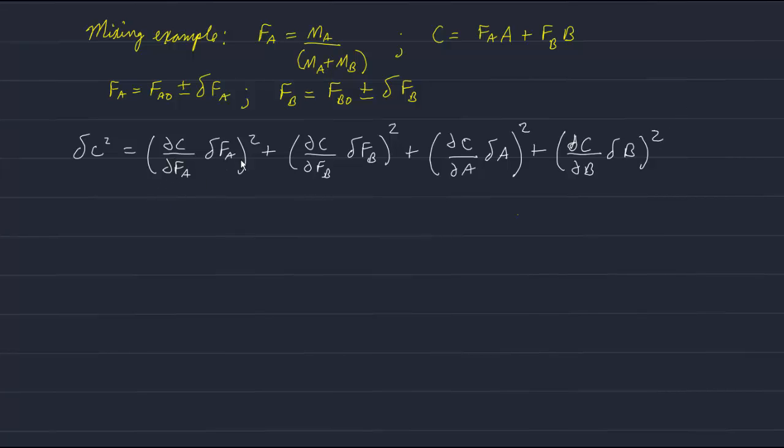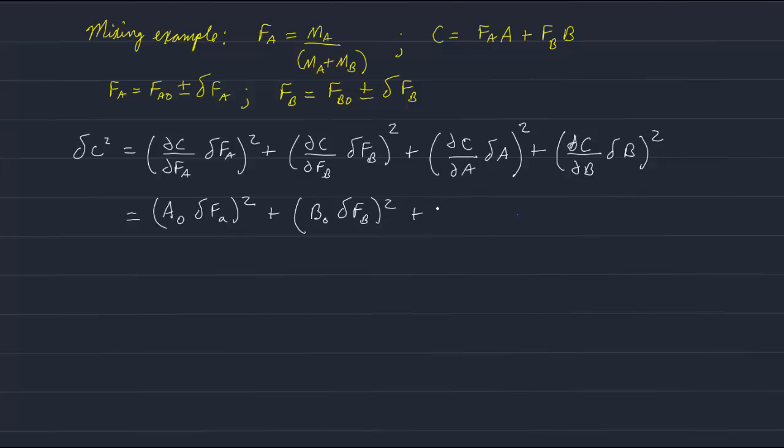So the partial of C with respect to FA would be A, but again, we're going to do as we did before and keep only linear terms, so it becomes A naught times delta FA squared. And likewise, the partial of C with respect to B becomes B sub 0, delta FB squared.